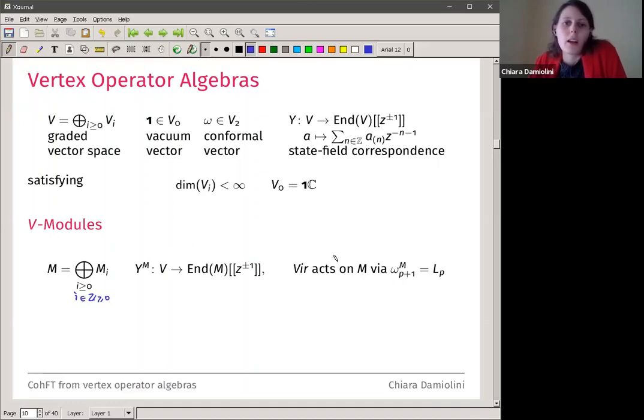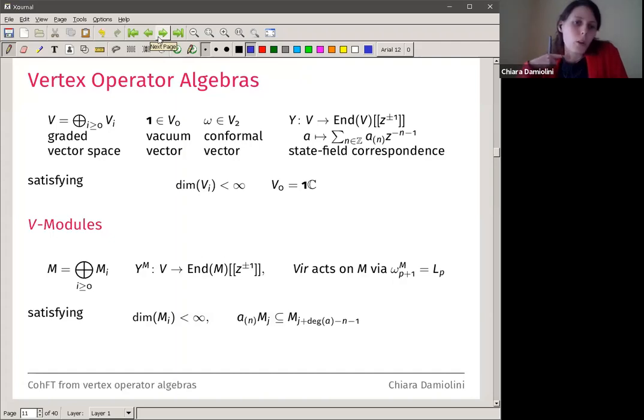And I want that, in a similar way to the Virasoro algebra, and I guess we all know maybe what that is, but otherwise I can talk about it later, we need this conformal structure that omega induced on V to also induce a conformal structure on M. And we further assume that the modules also satisfy the property that each component is finite dimensional, and then the action of V on M respects the grading.